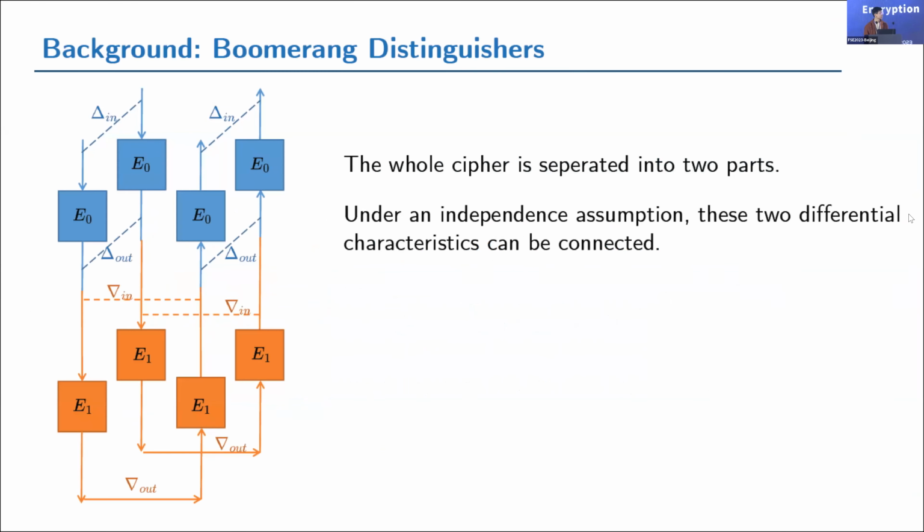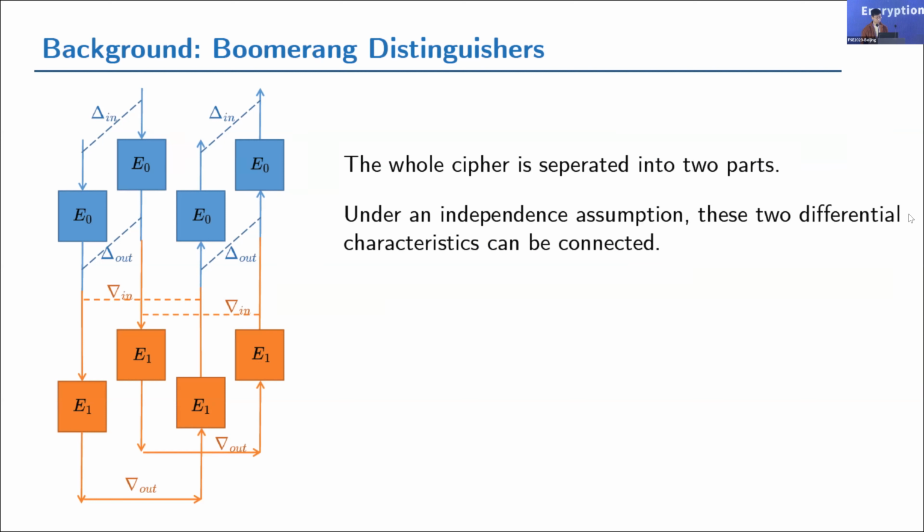Boomerang cryptanalysis is a technique to connect two short differential characteristics to form a new distinguisher covering more rounds. The whole cipher is separated into two parts. For each part, a differential characteristic is applied. Then under an independence assumption, these two characteristics can be connected like this figure.